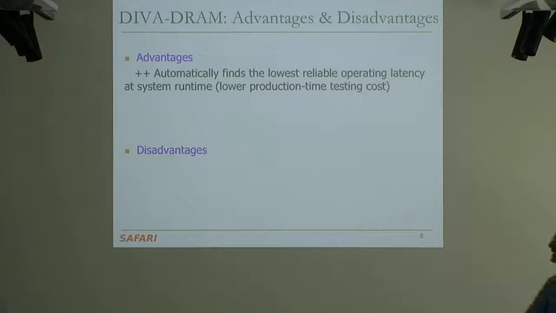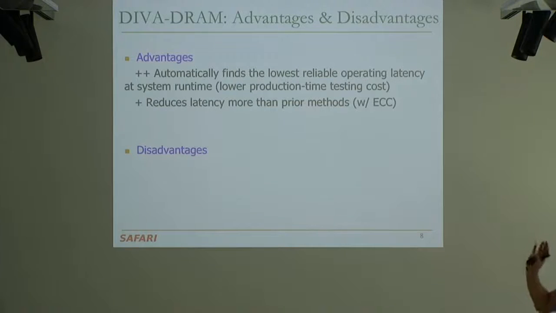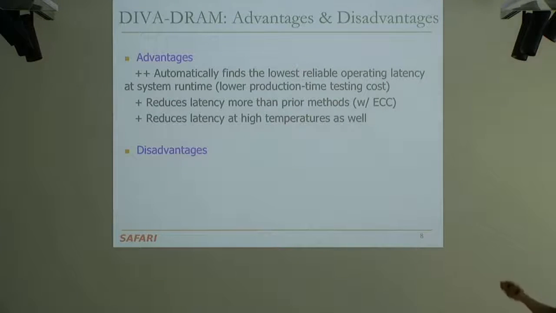It's offloaded to the runtime system, which means that profiling needs to be low overhead, of course. And it reduces latency more than prior methods with ECC. It relies on ECC. It's very hard to do it without ECC. And it reduces latency at high temperatures as well.